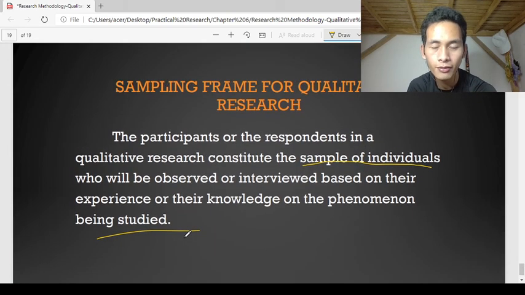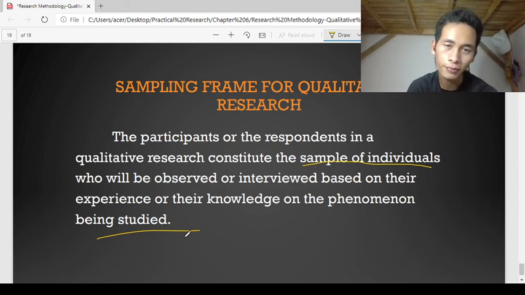Unlike in quantitative research wherein you have to use various methods such as determining first the sample size out of the population and then determining what sampling type it is, either probability or non-probability. So in qualitative research, the sampling frame is all about the participants constituting the sample of individuals. They are the sample individuals.